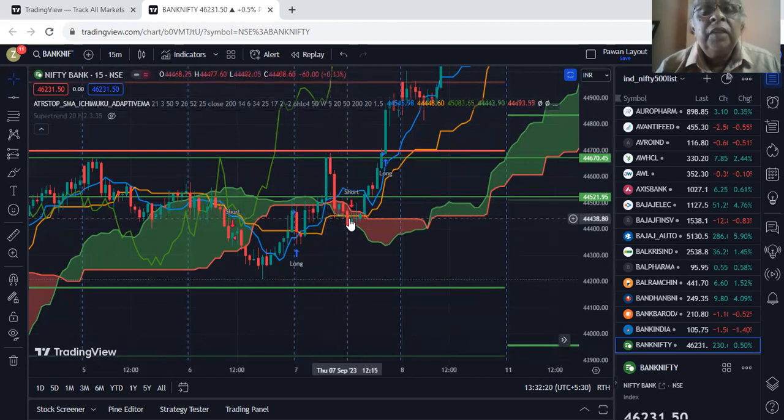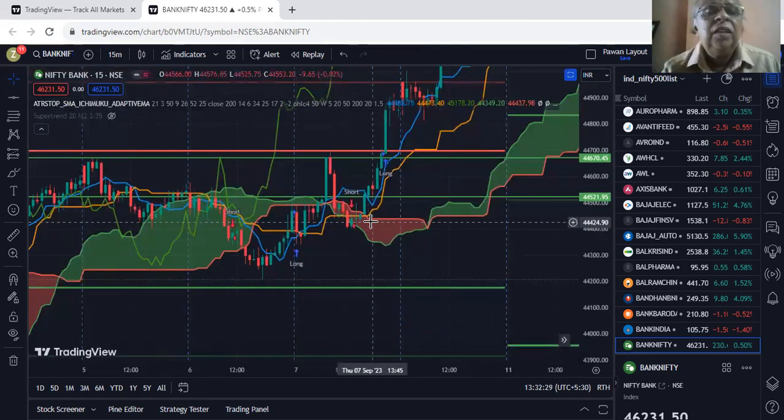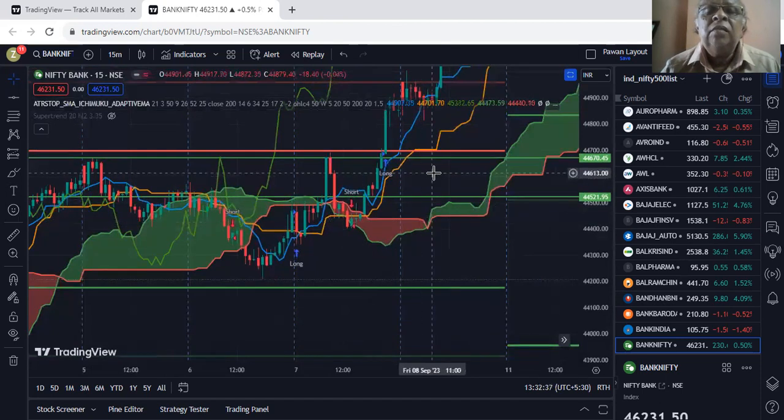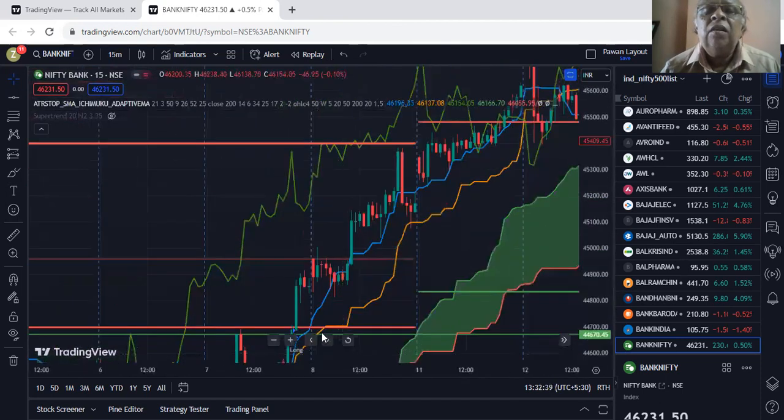Thereafter, the retracement has been seen. The index has accumulated at around the Kijun-sen level. Thereafter, again the breaching is seen. This is the second attempt, and thereafter you can see the rally.